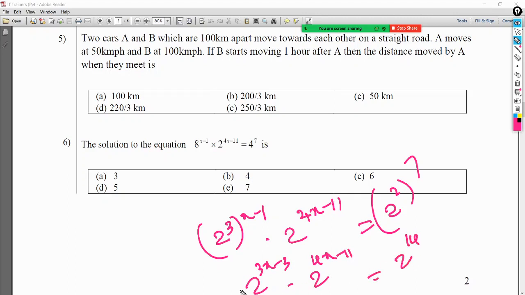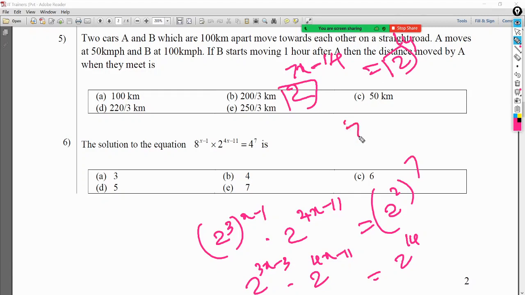Right, this is the same base, therefore we can add the indices. 2 to the power 3x plus 4x is 7x, minus 11 minus 3 is minus 14, equals 2 to the power 14. Now bases are the same, therefore indices must be the same.